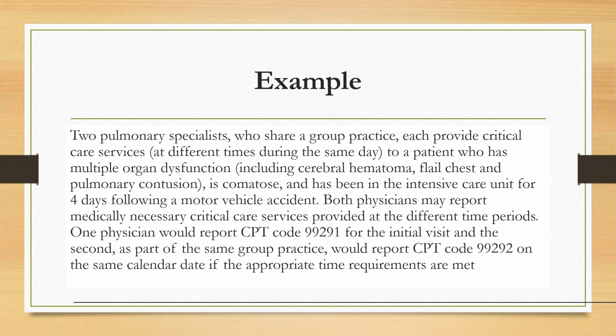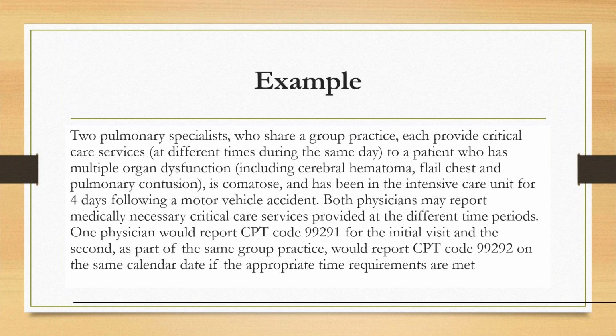If you have the same group practice rounding on a patient who has urgent requirements, now remember these are Appendix C requirements, which come out of the CPT book, which might not necessarily meet the CMS requirements, but they don't know that when they're writing these. So if that second doctor doesn't require urgent intervention, he's just literally rounding, the second pulmonologist on the patient.